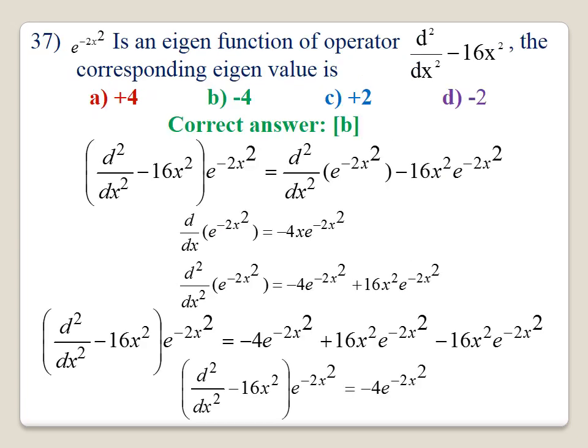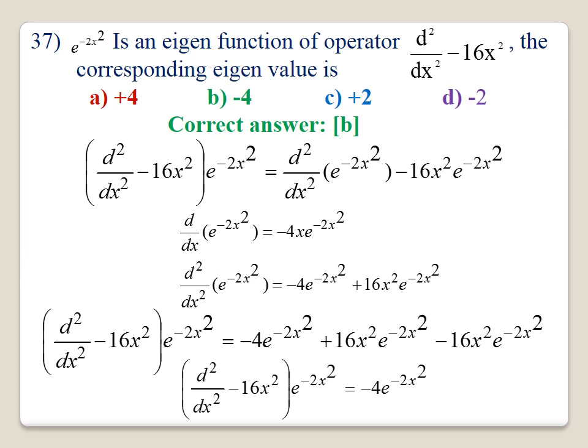Question number 37. e power of minus 2x square is an eigenfunction of the operator d square by dx square minus 16x square. The corresponding eigenvalue is. Here the correct answer is B, minus 4. The explanation is given. Here the operator is d square by dx square minus 16x square and the function is e power of minus 2x square.